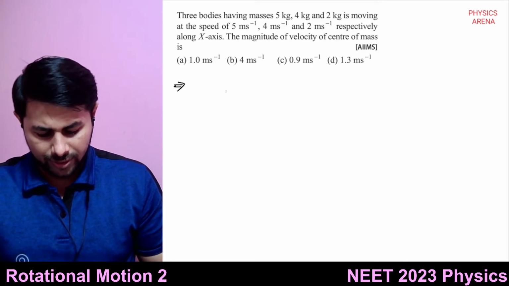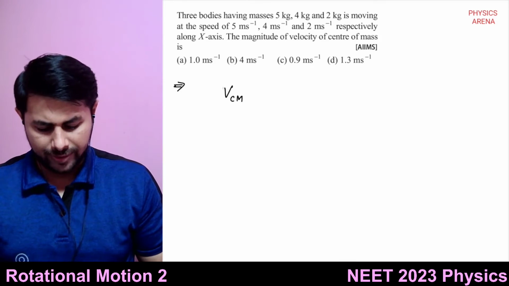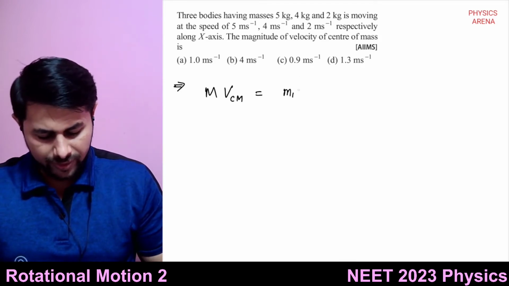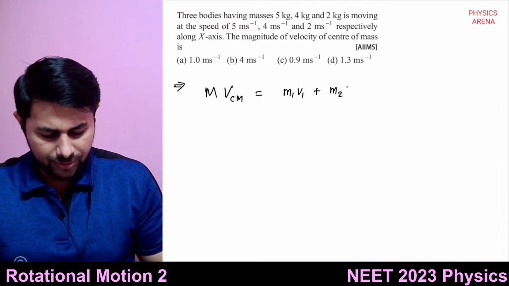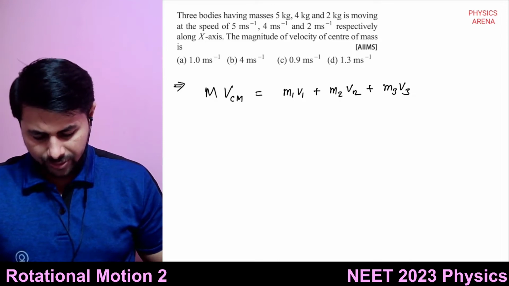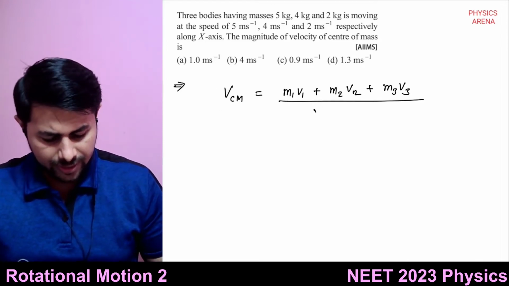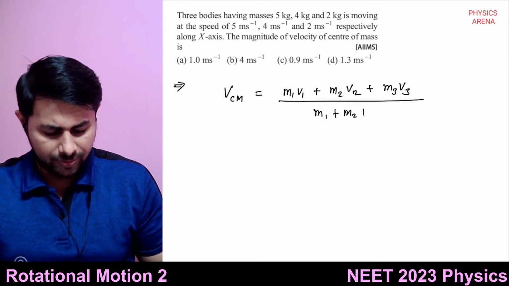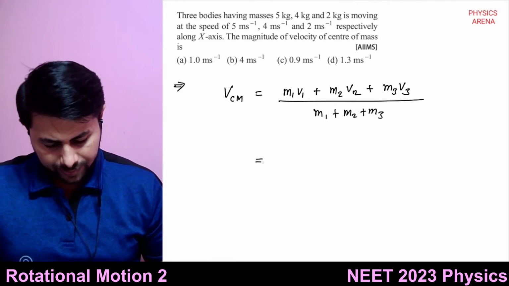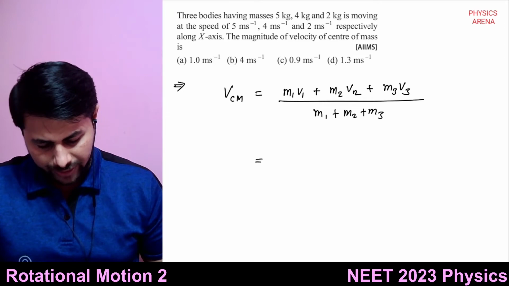We saw that M times velocity of center of mass is m1 v1 plus m2 v2 plus m3 v3, and you can move that M to this side, where m1 plus m2 plus m3 is the M. So we just have to put the values.